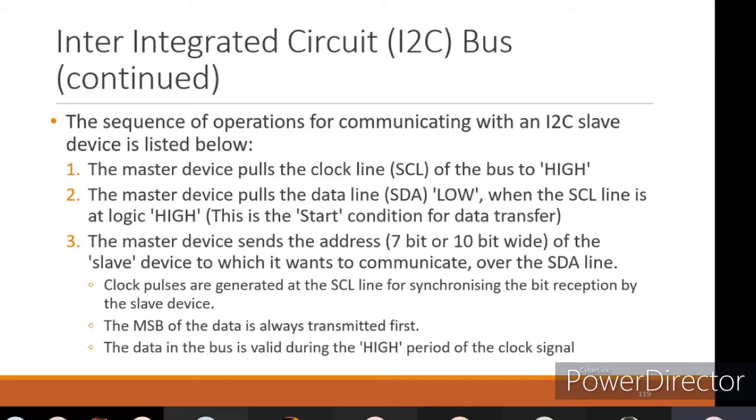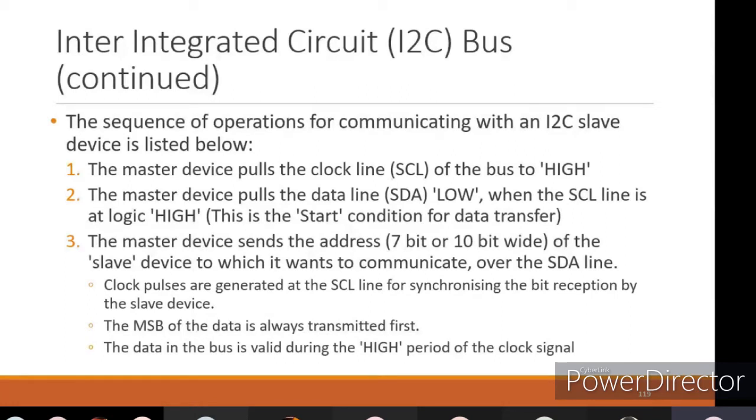Clock pulses are generated at the SCL line for synchronizing the bit reception by the slave device.